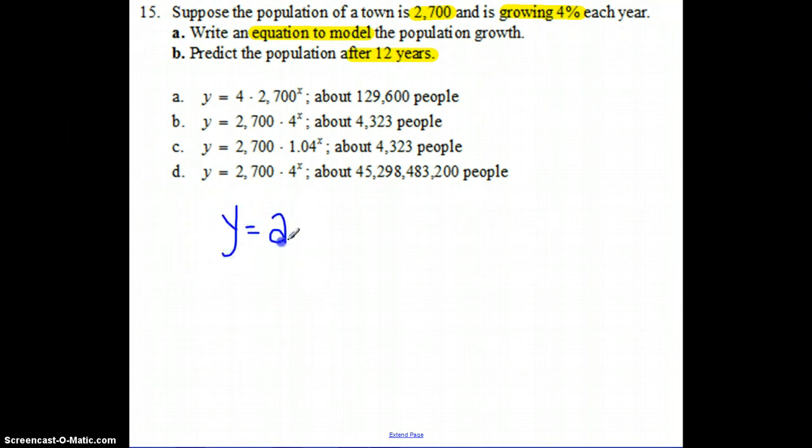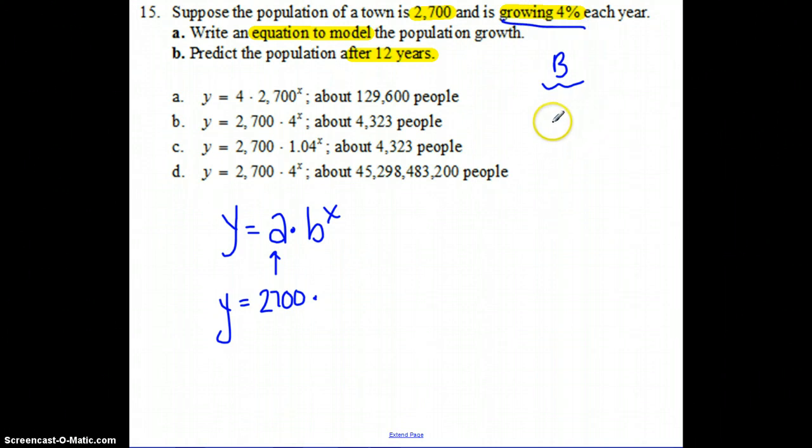First of all, here's my general equation. They tell me in this that 2,700 is going to be my beginning population. So that part's going to go in for the A. Now to figure out this B value, first of all, it tells us it's growing by 4% a year. So I'm going to take my 100 and add my 4 to it. My new percent is 104%.